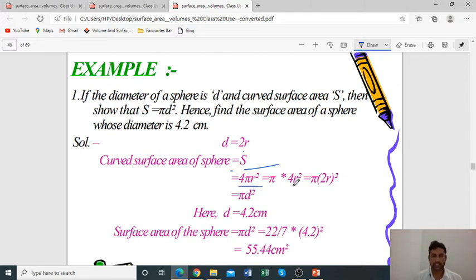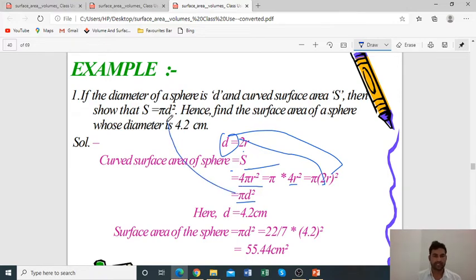So pi times 4r square equals pi times (2r) square, and you know that 2r equals the diameter d. So the curved surface area of the sphere is pi d square.